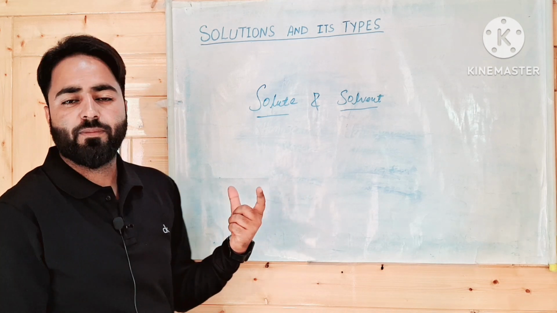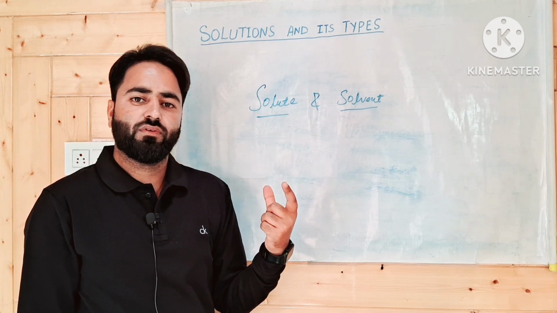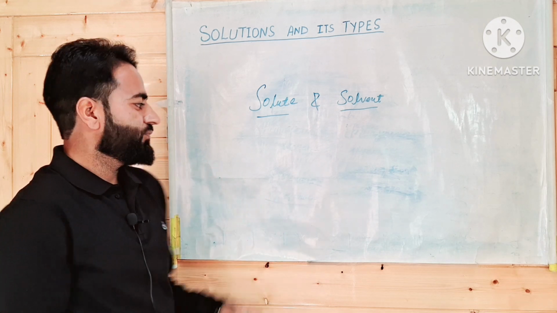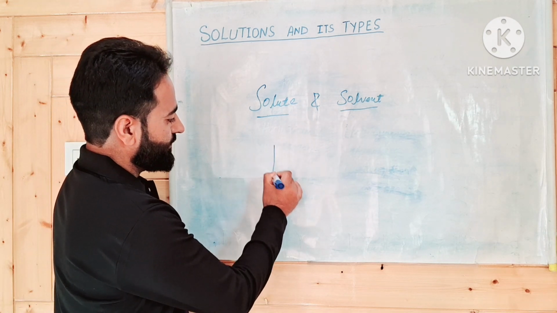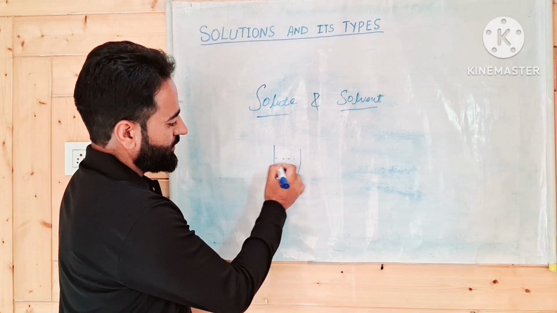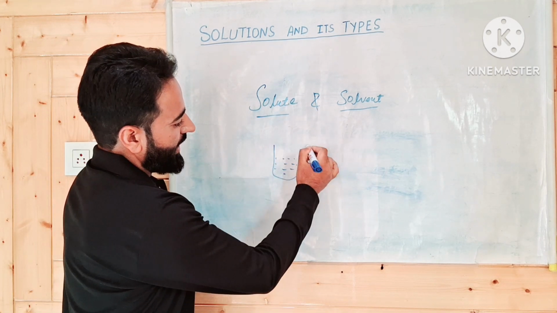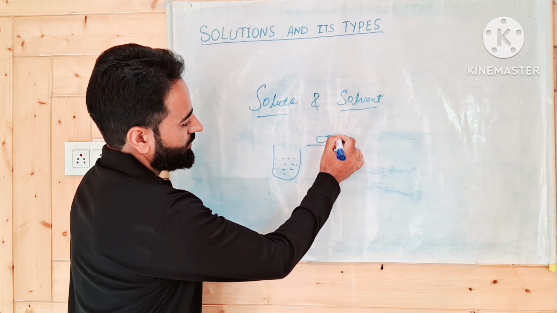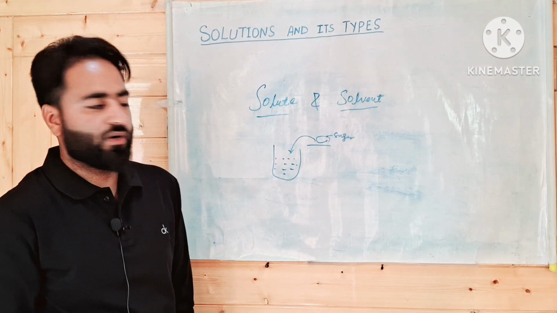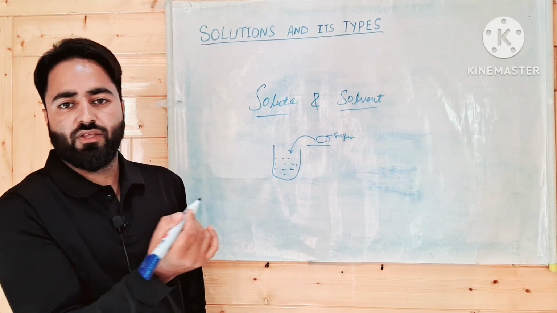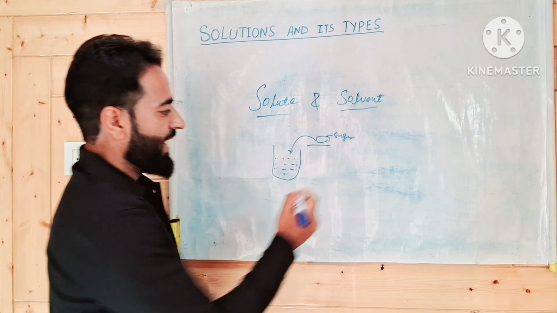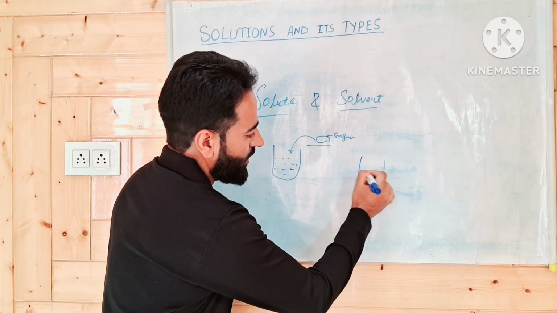Suppose we make a solution of sugar and water, what do we add? If we make a sugar solution, we add sugar into the water. Similarly, if we make a saline solution, we add salt to water.